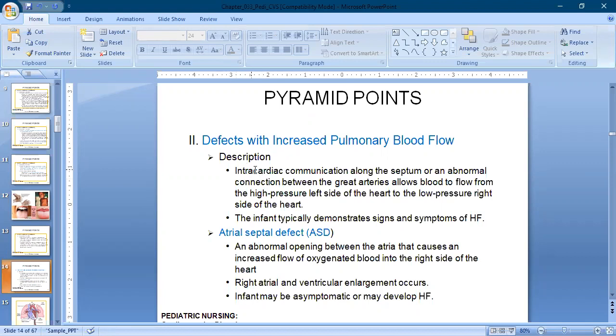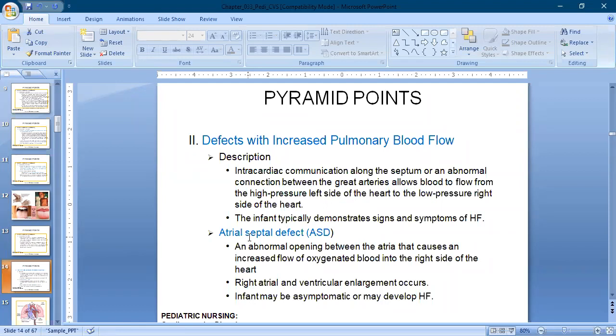Intracardiac communication along the septum or abnormal connection between the great arteries allows the blood to flow from the high pressure left side of the heart to the low pressure right side of the heart.